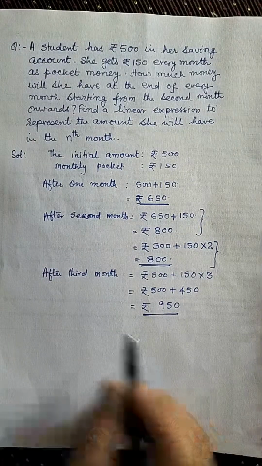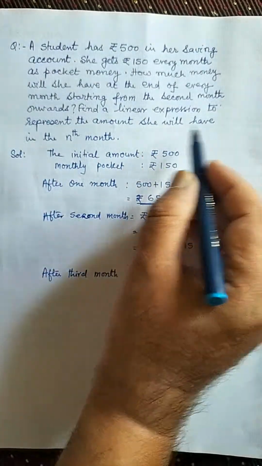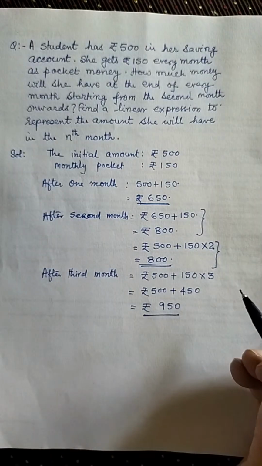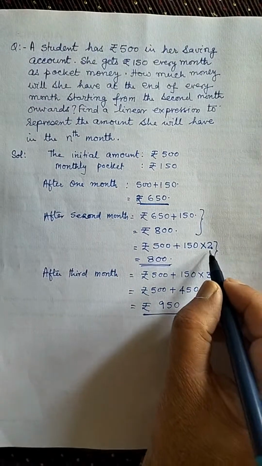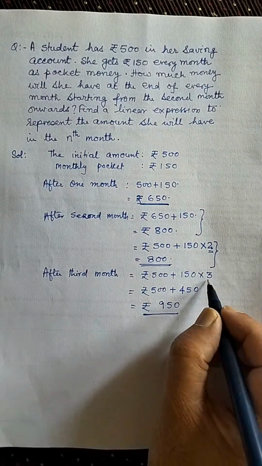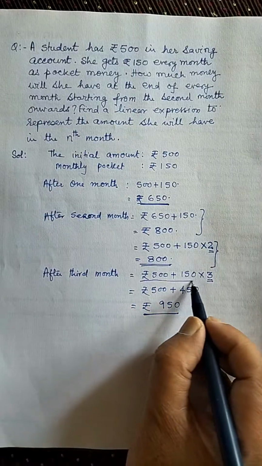Okay, now further he says find a linear expression to represent the amount she will have in nth month. By now it is very clear that if it is second month we multiply this by 2, and if it is third month we multiply it by 3, and remaining expression is same.